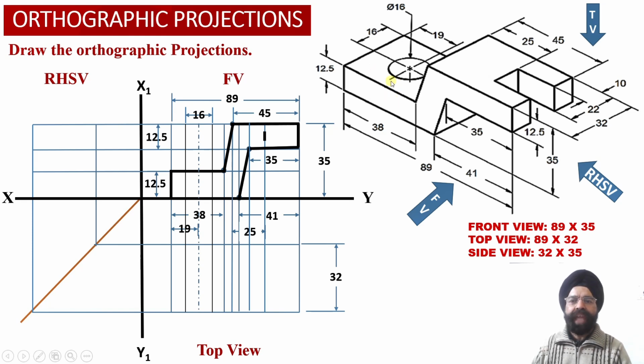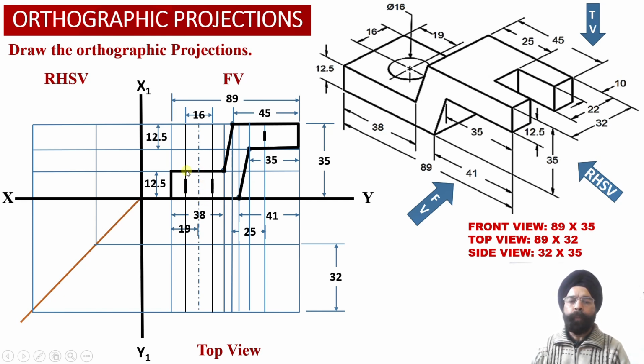Next, we also know that this circular hole will not be visible to the observer, as the observer is going to look at the solid from the front view orientation. So we are going to obtain the hidden line or the dotted line projections into the front view, so that we are able to obtain the apparent shape projections corresponding to the circular hole.